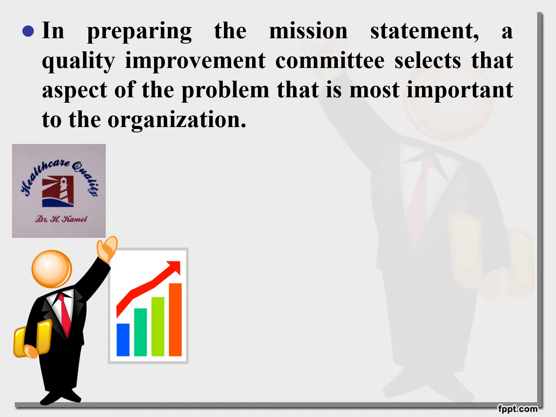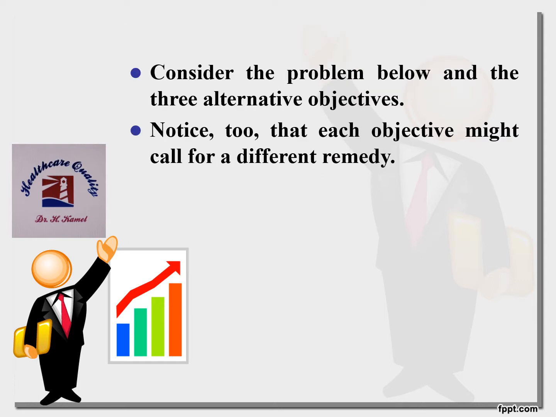In preparing the mission statement, a quality improvement committee selects that aspect of the problem that's most important to the organization. Consider the problem below and the three alternative objectives.